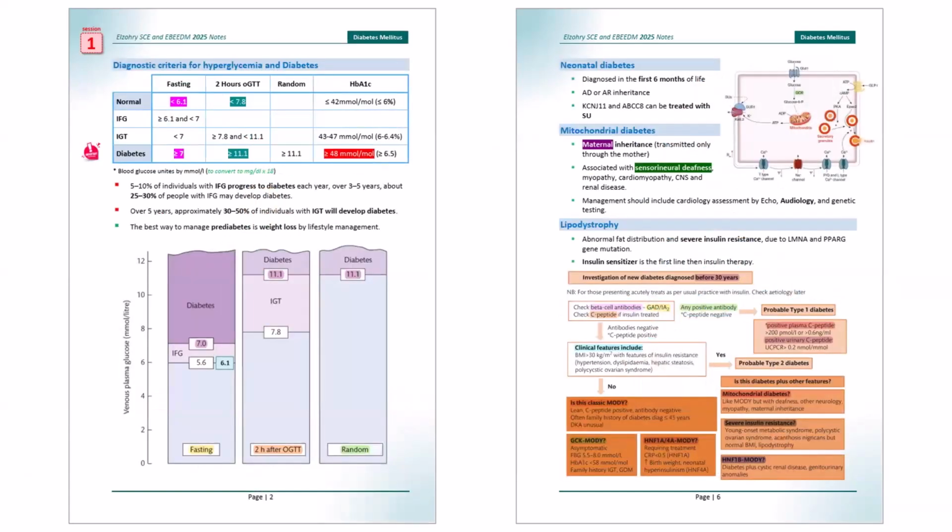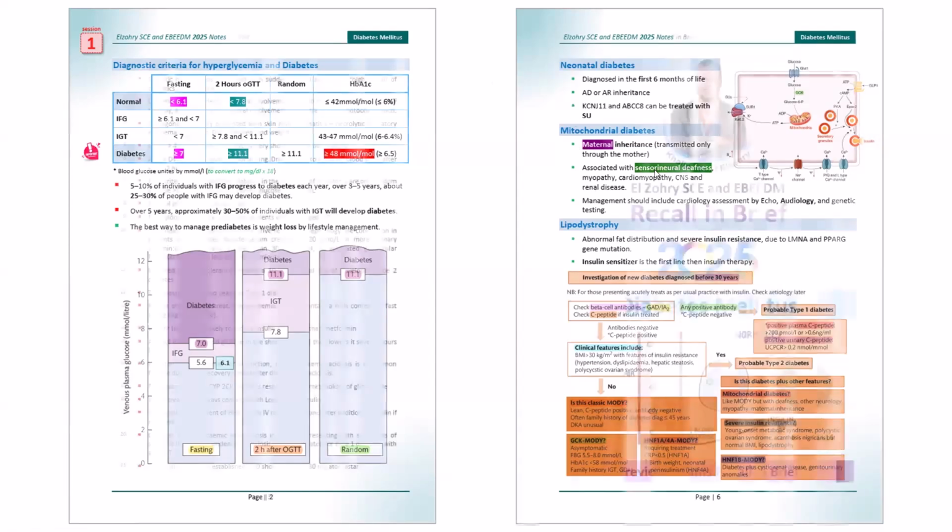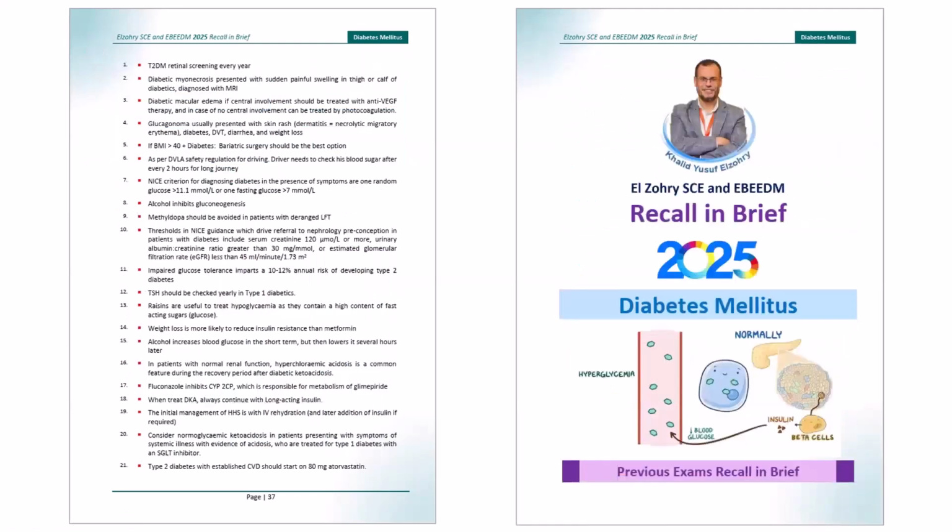This is a summary, the most important information related to the exam. I will summarize each session in a few pages like this, and you can get it and revise it just for the exam. And actually, I will highlight the most important items from the previous exam.